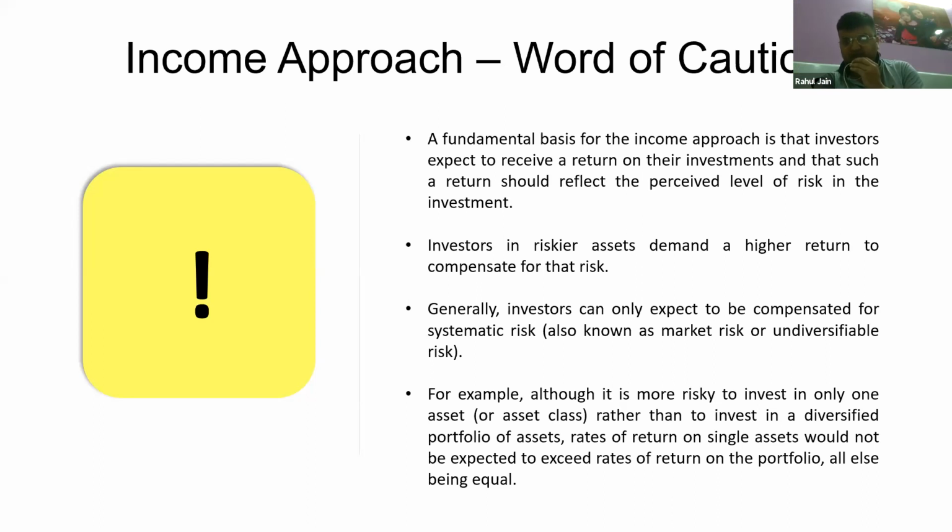But I am saying undiversifiable is systematic risk, sir. Undiversifiable is systematic risk. Systematic is what the market as a whole faces. Correct. Unsystematic is company specific, right? Correct. So when we are looking for alpha, we are looking for something which is beyond unsystematic and systematic both. No, what I'm saying, yeah.